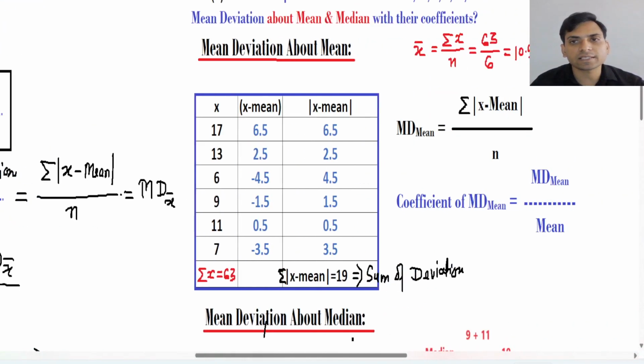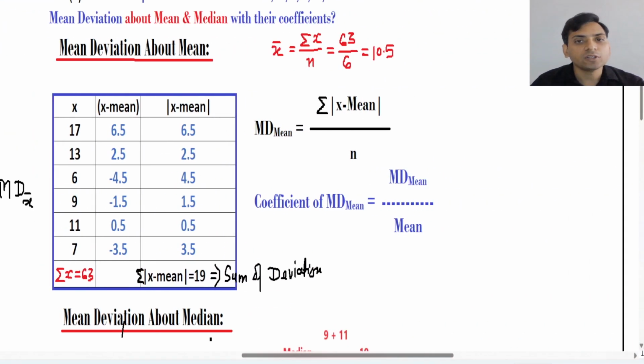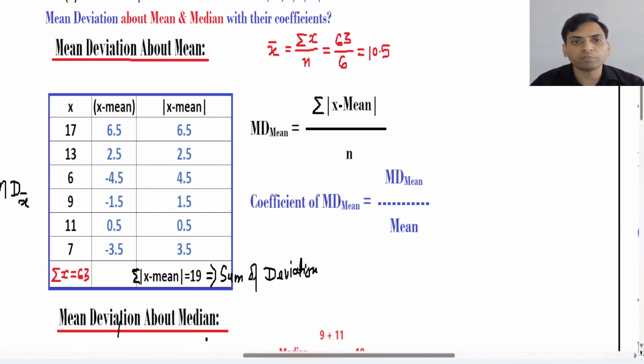Now we will see an example of an individual data set. This is the formula of mean deviation that I have written. The summation of this column, the sum of deviation, is 19, and the number of observations is 6, so mean deviation equals 3.166.